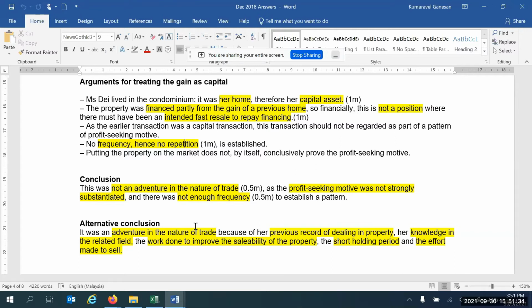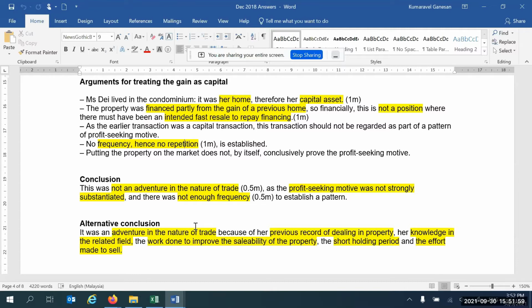Don't write again. You can copy and paste and revamp it a bit. So in this scenario, two conclusions could be accepted. It's not really clear, but I would prefer the alternative because she sold in a very short time. That is a very strong indicator.